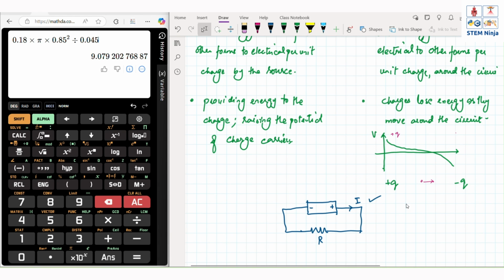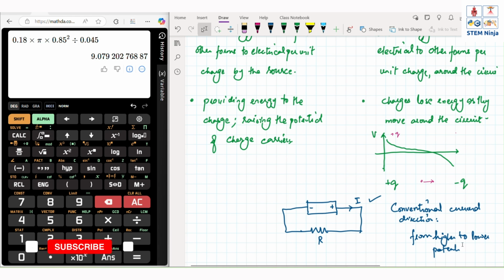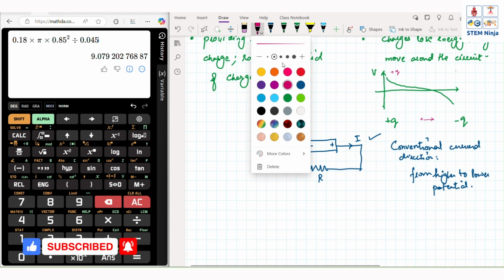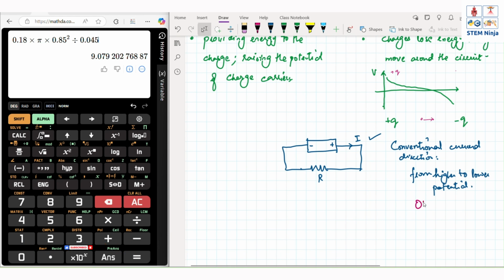We already know this is the conventional current direction, which is from higher to lower potential. But care must be taken that this is outside the battery, outside the power source.